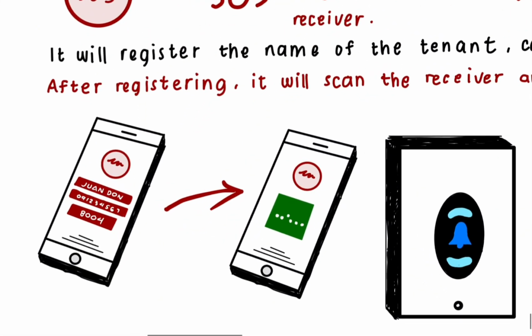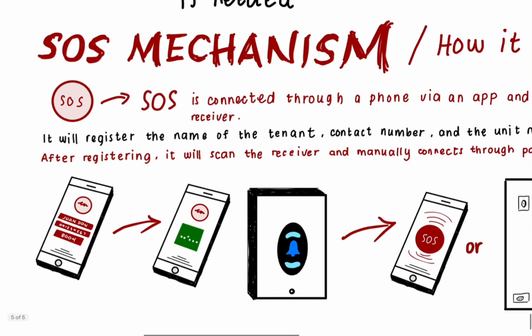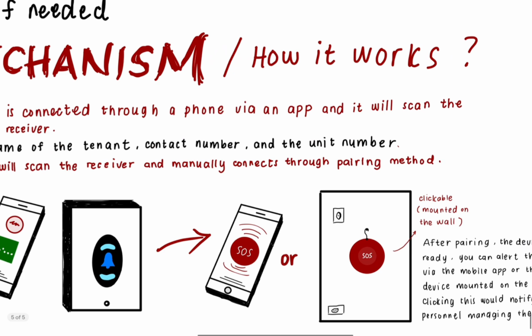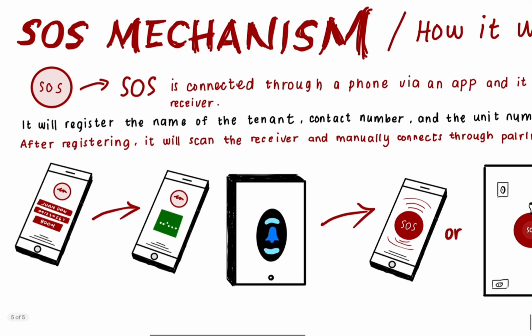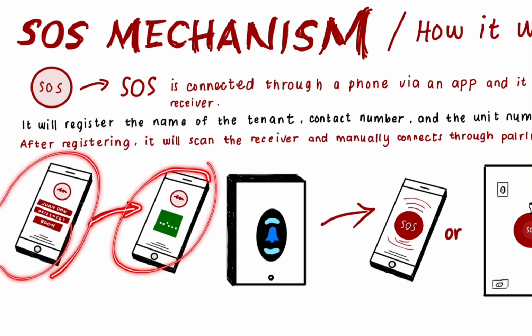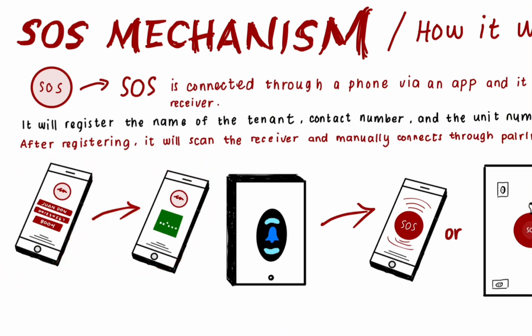And then, after registering, it will scan the receiver and manually connects through pairing method. So after registering here, maglo-load yung device mo as it connects here sa ating receiver.